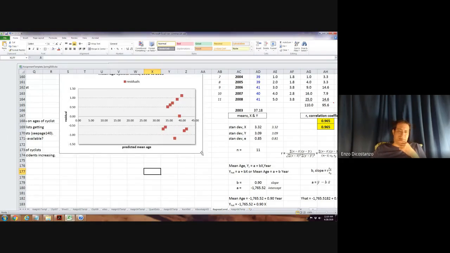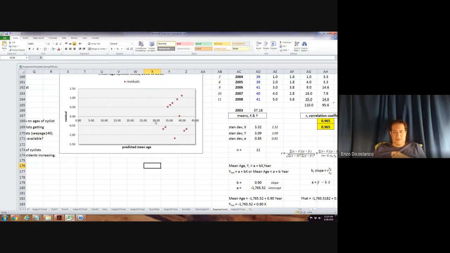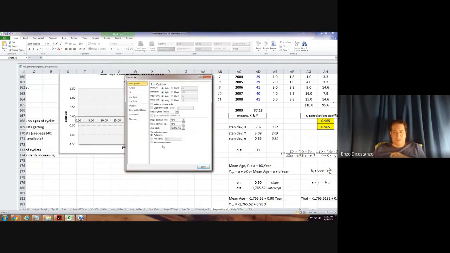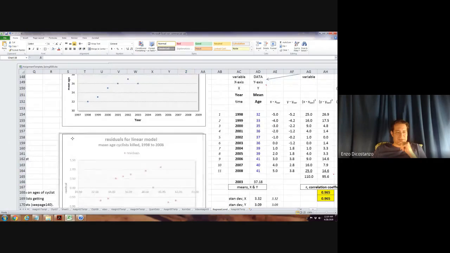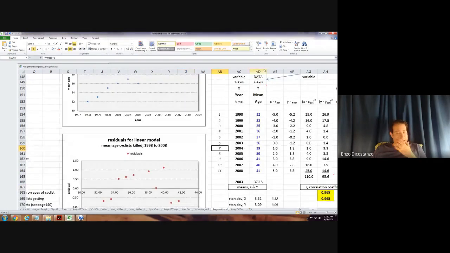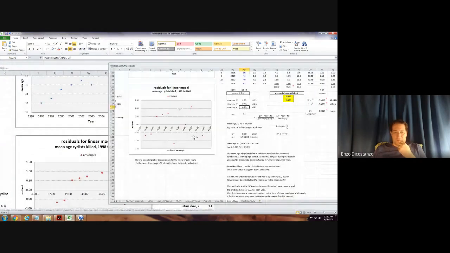And then now we can fix this up a little bit. Right click, format the squares. So built-in circle, okay, and I think the lowest thing is 30. And yeah, that's pretty good. Just like that. Okay, those are the residuals. Now again, let's compare. Yeah, pretty good.